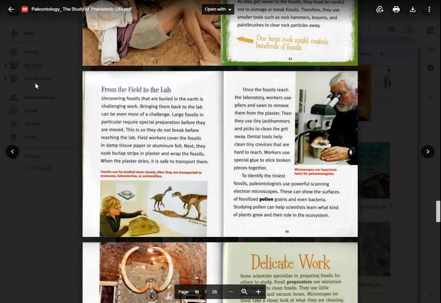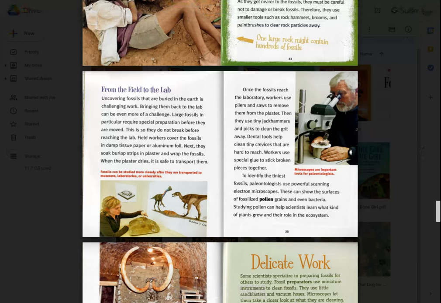Field workers cover the fossils in damp tissue paper or aluminum foil. Next, they soak burlap strips in plaster and wrap the fossils. When the plaster dries, it is safe to transport them. Fossils can be studied more closely after they are transported to museums, laboratories, or universities.